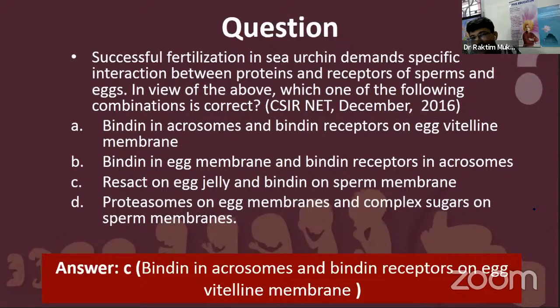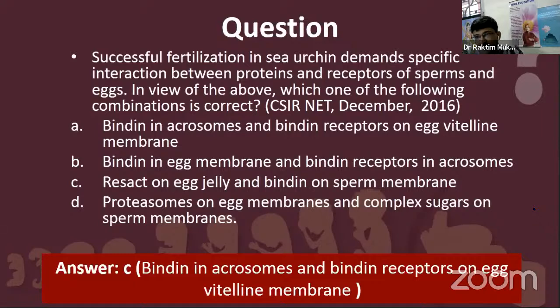This is called the block to polyspermy. There are two blocks to polyspermy. One is a fast block to polyspermy, another is a slow block to polyspermy.